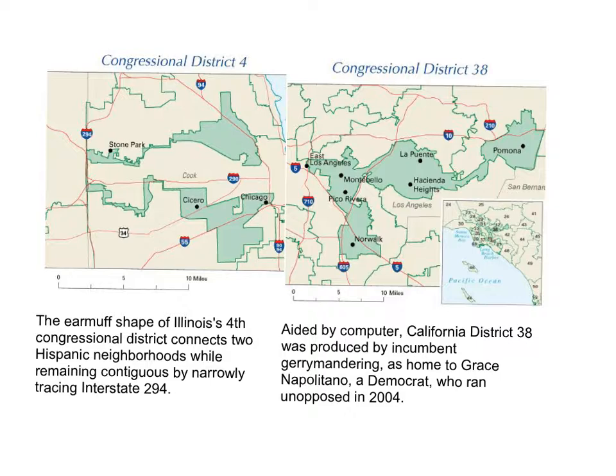Aided by computer, California District 38 was produced by incumbent gerrymandering as a home to Grace Napolitano, a Democrat who ran unopposed in 2004. Again, look at the weird shape of this district. What we would like to see is maybe more square districts. So we would prefer to see this instead of this weird, unique shape where we're tracing all around here.